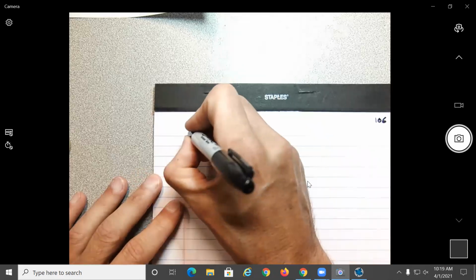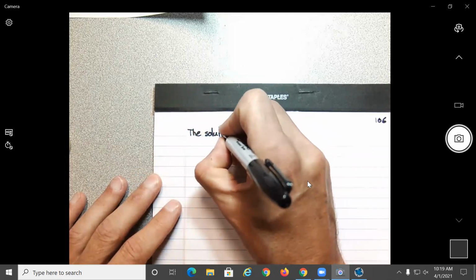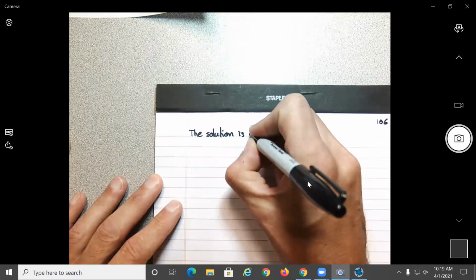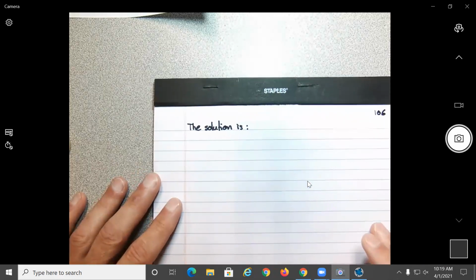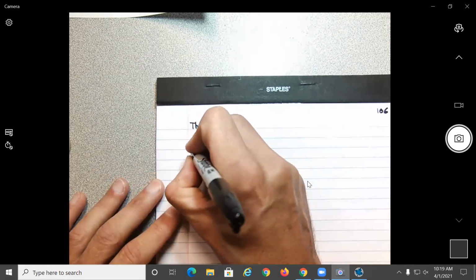Okay, so the solution is, we had x1 here. I'm just going to write the two expressions.